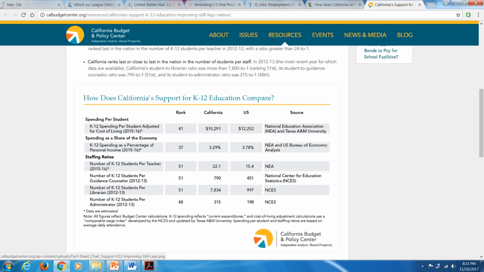In the California student to teacher ratio, California ranked highest actually, and the ratio was greater than 24 to 1. We already know that in most of the high schools or middle schools, this number is actually around 35 to 40 to 1, 40 students to 1 teacher.